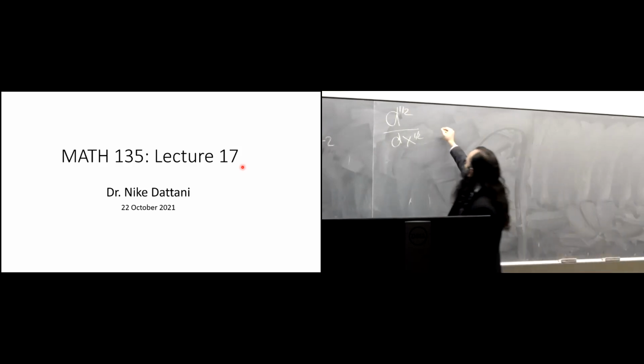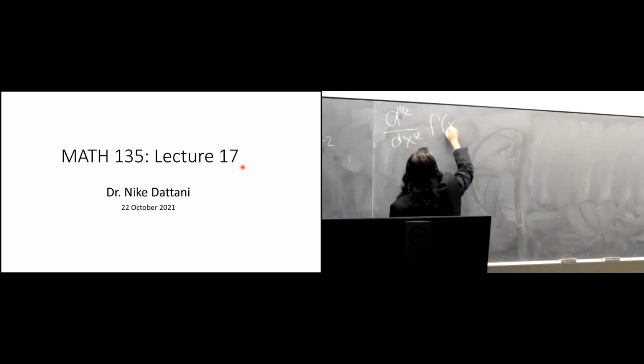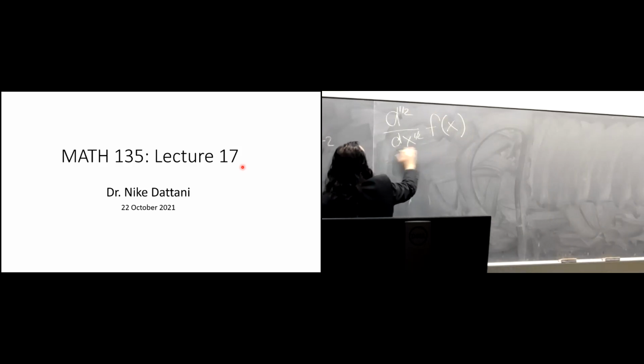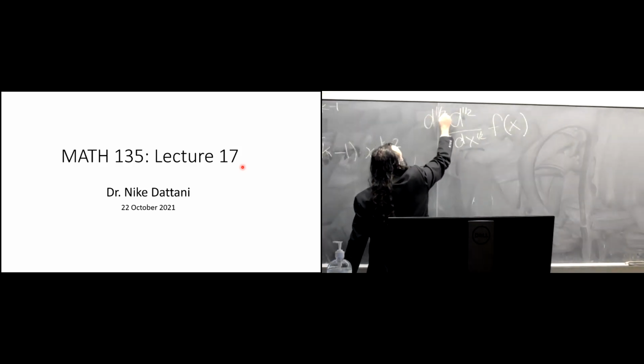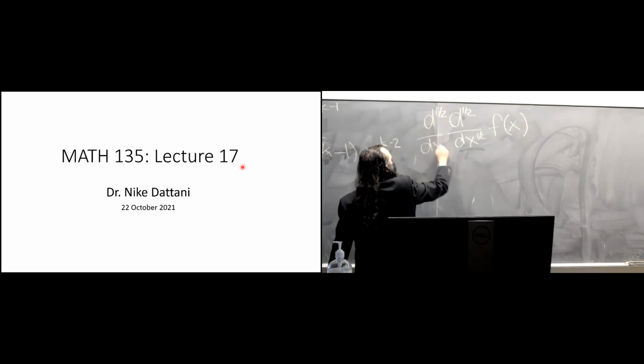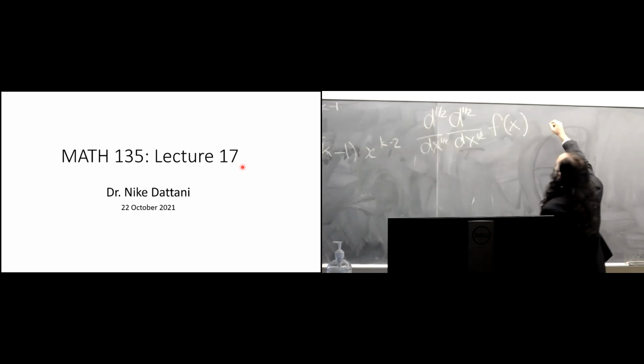All right, first, what is the half derivative of a function? If I have a function, f of x, and I have an operator that acts on that function, which is the half derivative of the function, and if I apply that operator twice, what do you think I'm going to get?